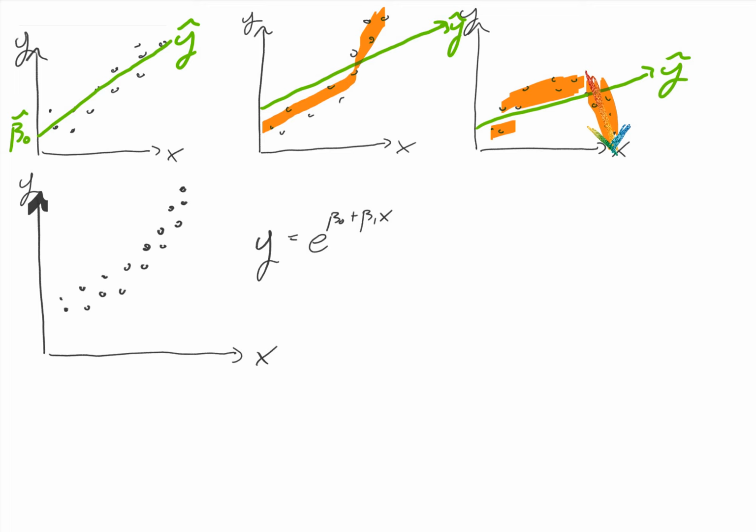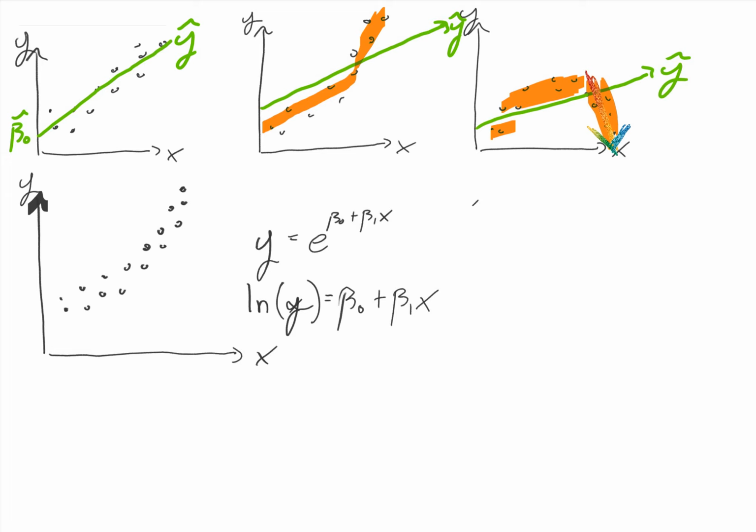Now if I log transformed that y, a natural log is the inverse function of e, so it makes that e go away. We've just got whatever was in the exponent, which is this beta 0 plus beta 1x.